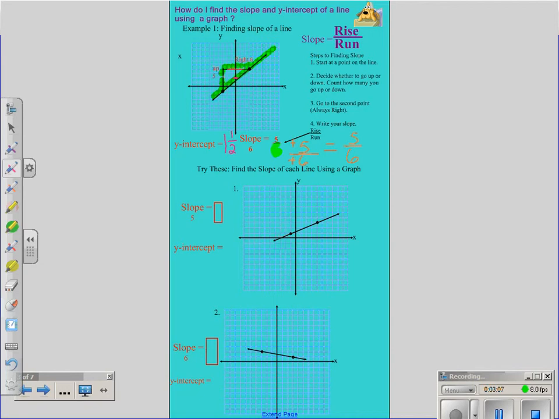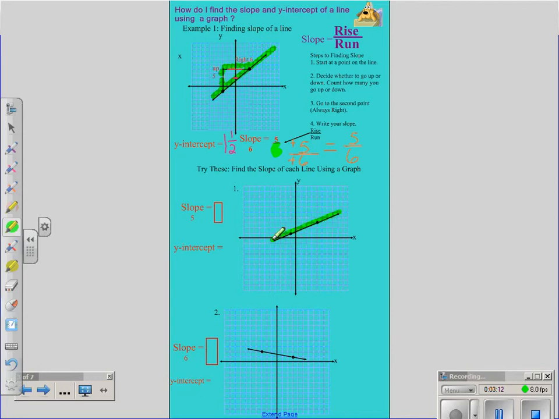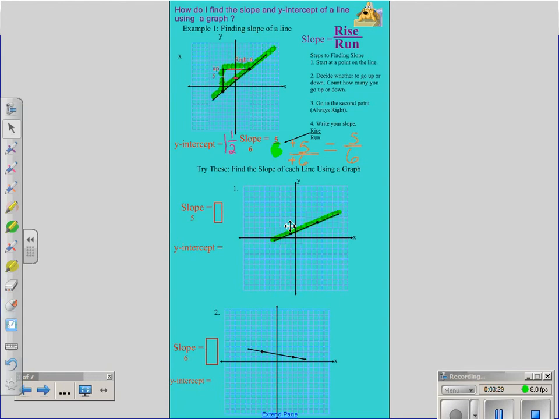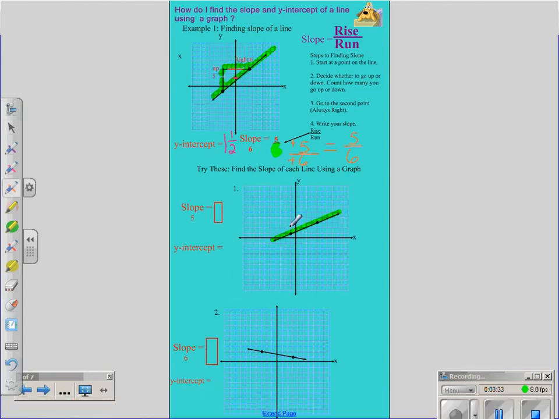On the second example, once again, I notice that I have a line that is going up. So right away, I know that means it's a positive slope. I want to count from the point that is highlighted to the point at the top. When it's a positive slope, you start down and count up. So we count up 1 and then 2, and that means my rise was a positive 2.